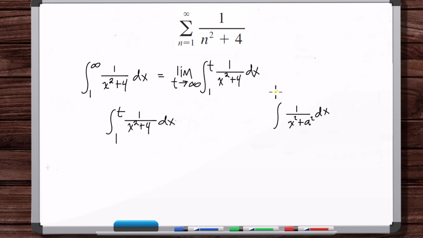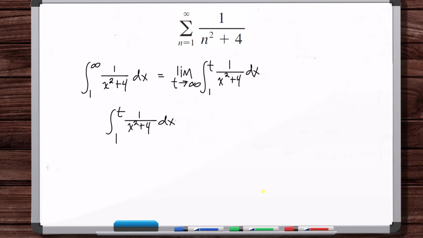Again, we did this a bunch of times in the integration of partial fractions section, a lot of problems. We had this form, and this is equal to 1 over a arc tangent. That's what that's equal to. So in this case, a is equal to 2.